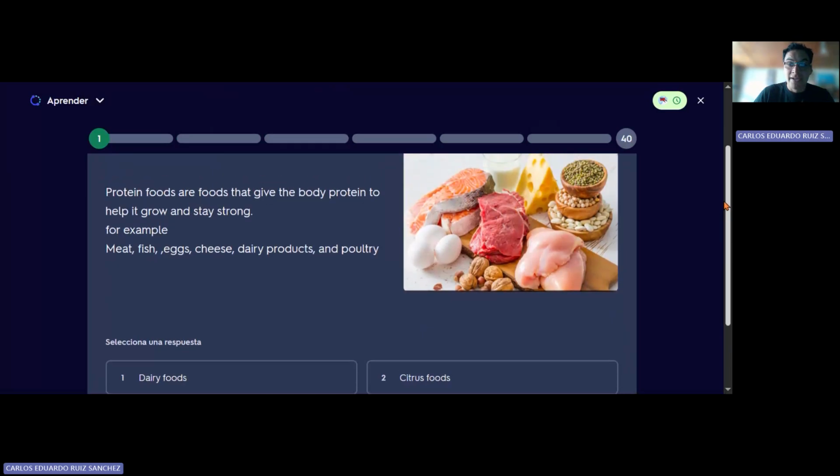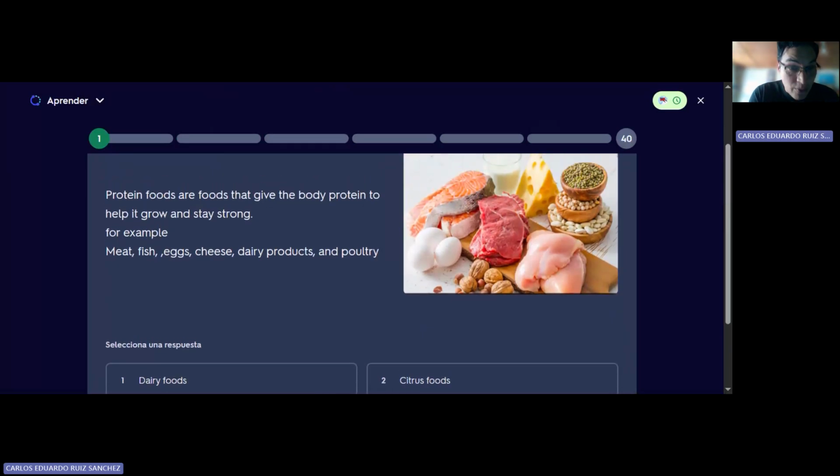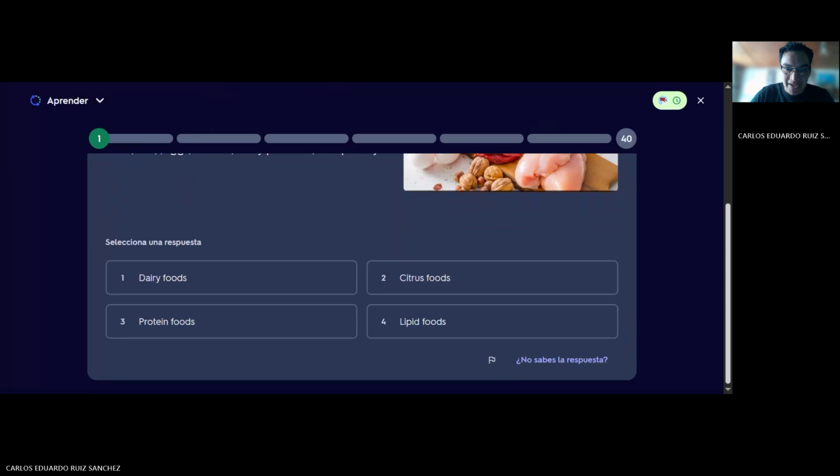Let's start. Protein foods are foods that give the body protein to help it grow and stay strong. For example, meat, fish, eggs, cheese, dairy products, and poultry. So this statement is one of these elements.